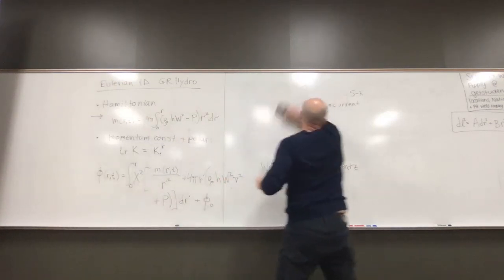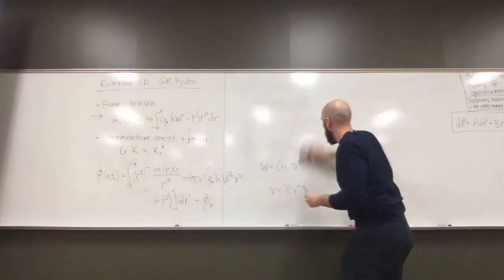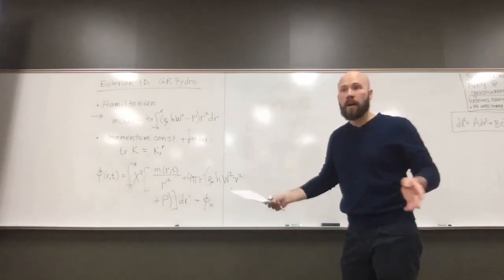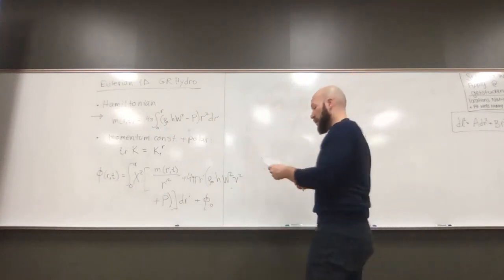And that initial potential we solve by essentially applying a boundary condition, which is that at the edge of the star or wherever, the metric must agree with the Schwarzschild.